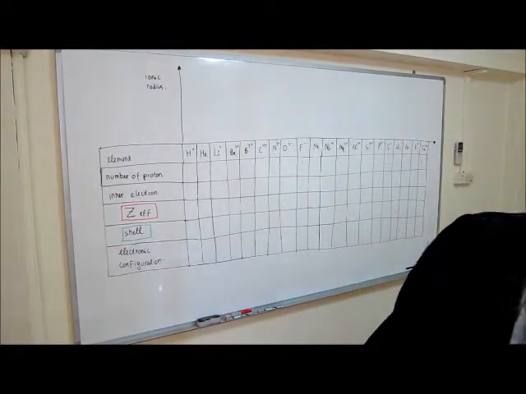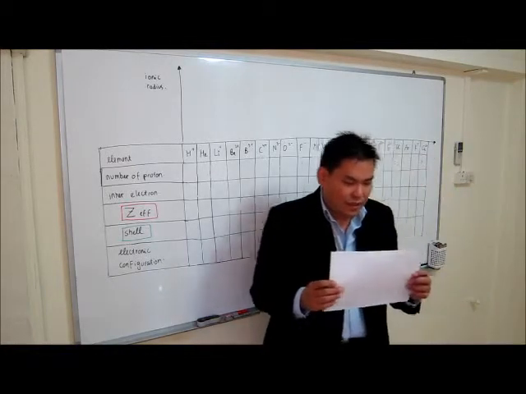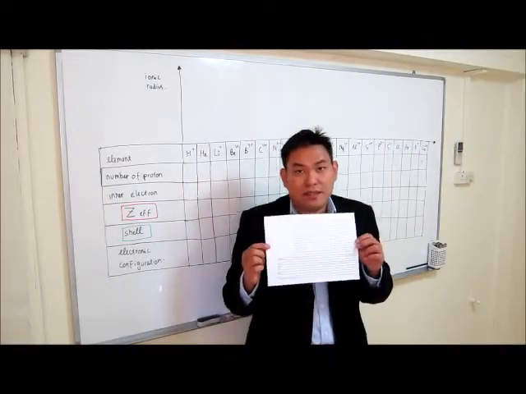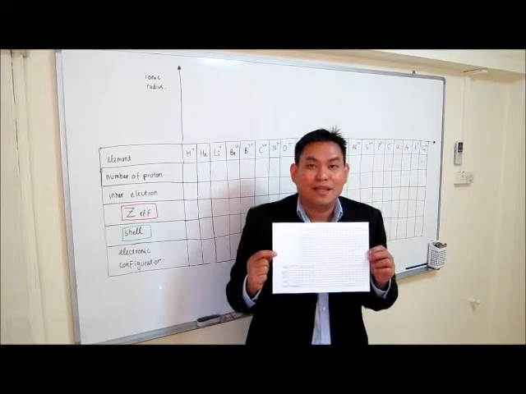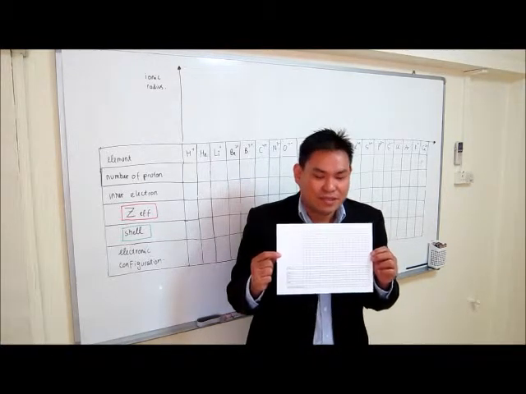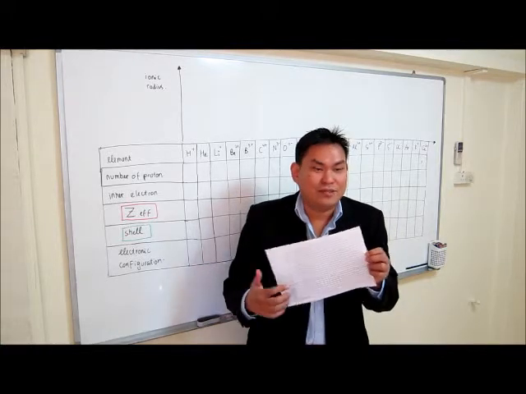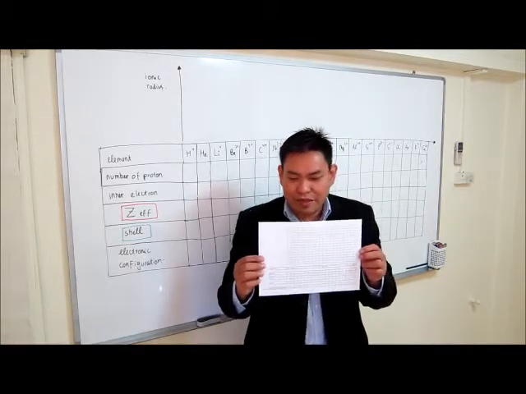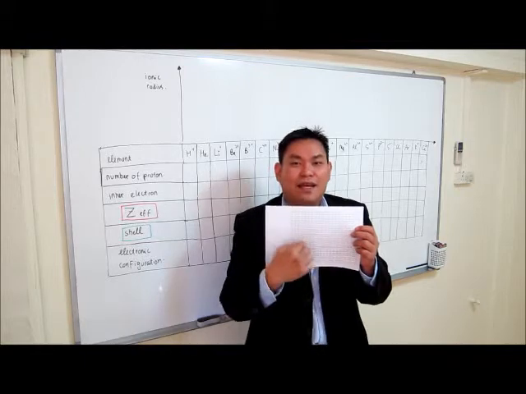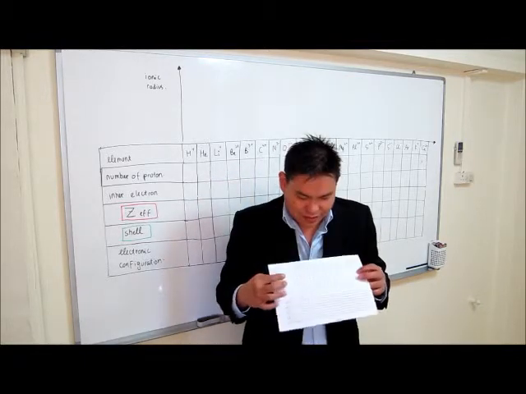Number one is you need to download this pattern from SingaporeStudent.com. You're going to find the link beside the link to this video. It's very important. You're going to fill up this table and draw the graph.